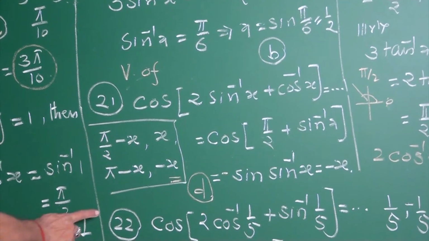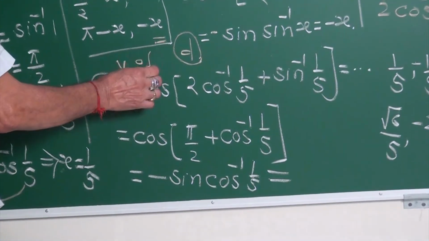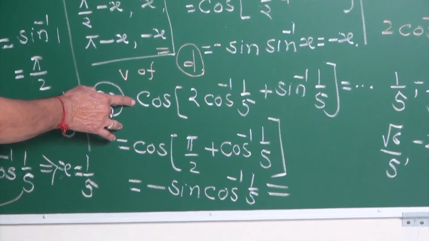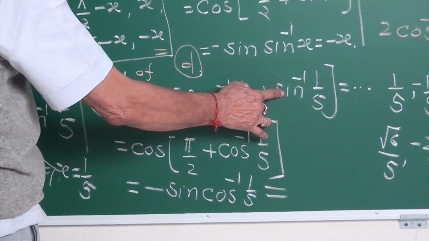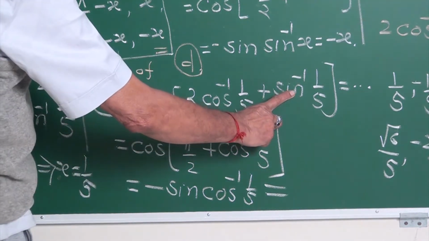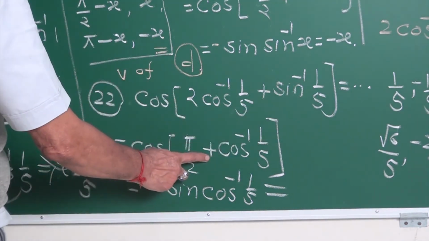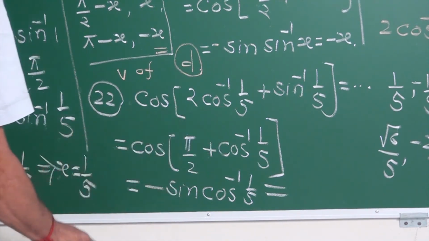Yes. Next one. The value of cos of 2 cos inverse 1 by 5 plus sine inverse 1 by 5. It is equal to cos of sine inverse plus cos inverse is pi by 2, plus 1 less, cos inverse 1 by 5.